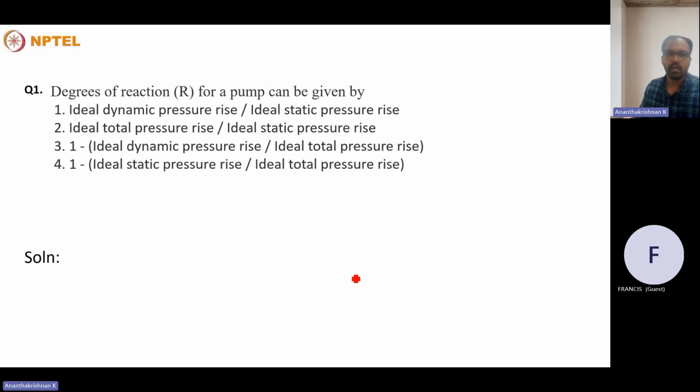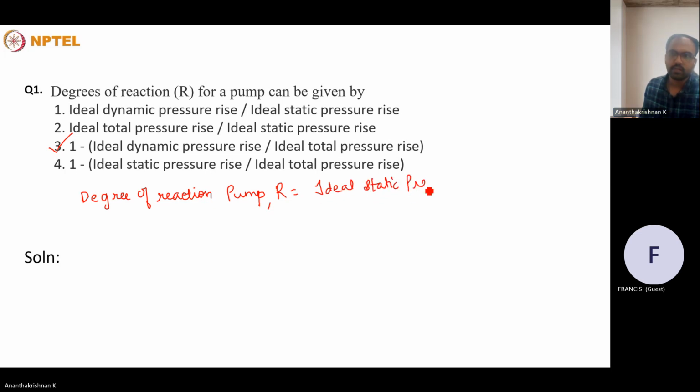Okay, so the answer to this question is 1 minus ideal dynamic pressure rise divided by total pressure rise. The degree of reaction of a pump is defined as the ideal static pressure rise divided by ideal total pressure rise.